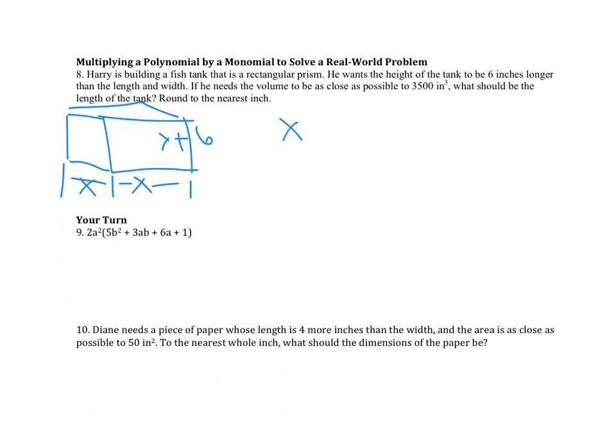So then we have x squared, because x times x on the bottom is x squared. It's just a square on the bottom. And then that is multiplied by our height, which is x plus 6. Remember, length times width, if you're going to see it all the way out, is x times x times x plus 6.